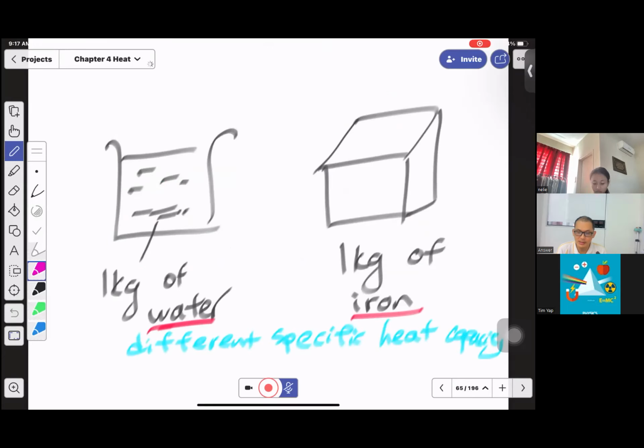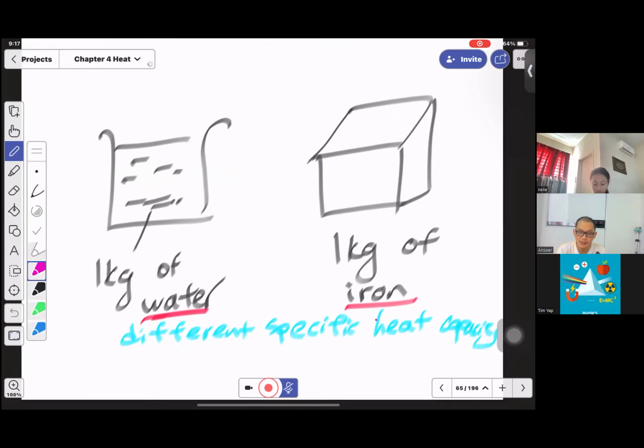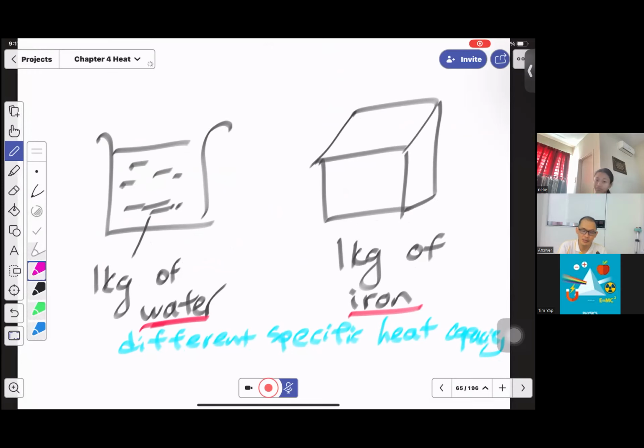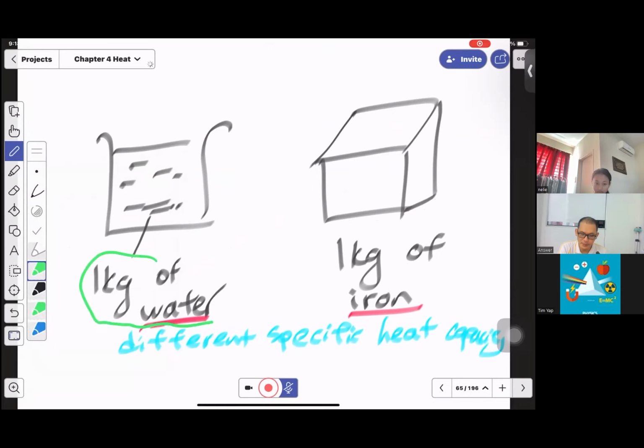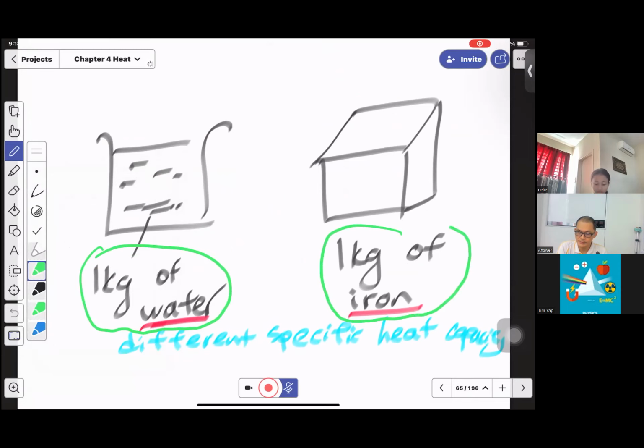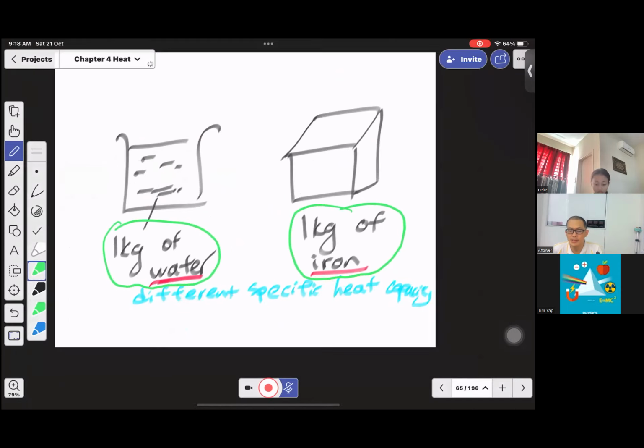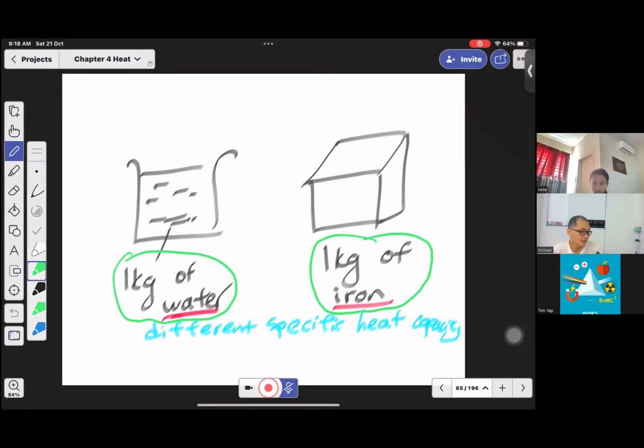All right, okay, let's see two different materials. On my left hand side, there is water, 1 kg of water. On the right hand side is 1 kg of iron. These two materials have different specific heat capacity.